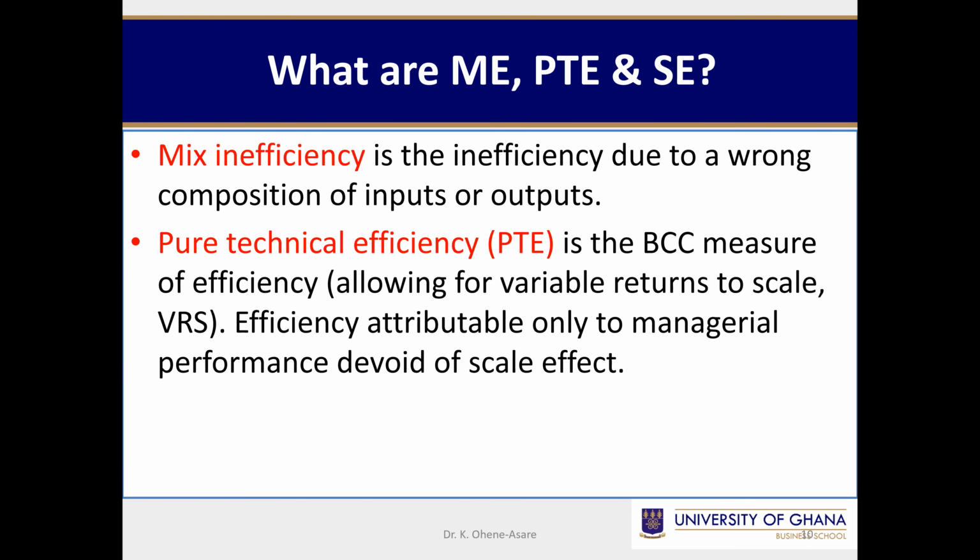But when the efficiency is attributed to scale of operations, to size of the company, to the fixed asset, to the plant, property, and equipment, when those things are part of it, then that efficiency is technical. It's not pure technical. So there is that part of the efficiency which is coming from the size of the firm, and that efficiency is known as scale efficiency.